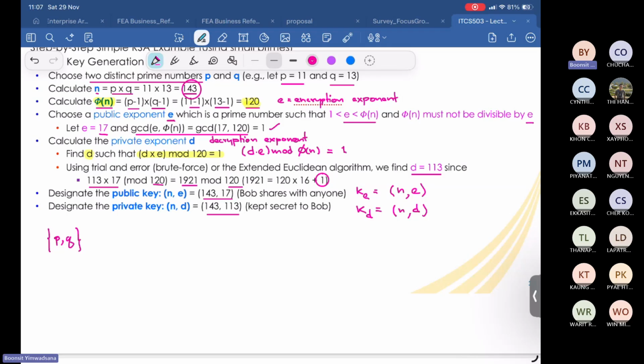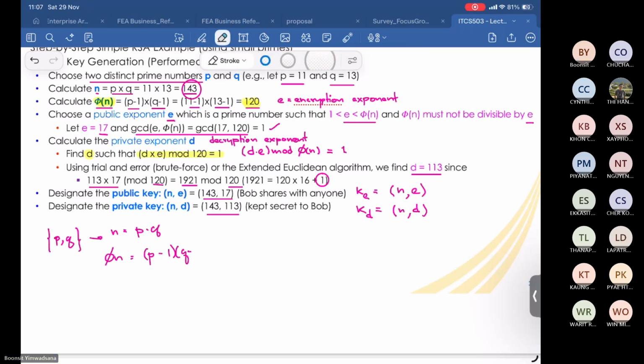And then once we have P and Q, we generate N equal to P multiplied by Q. But phi of N equal to this.